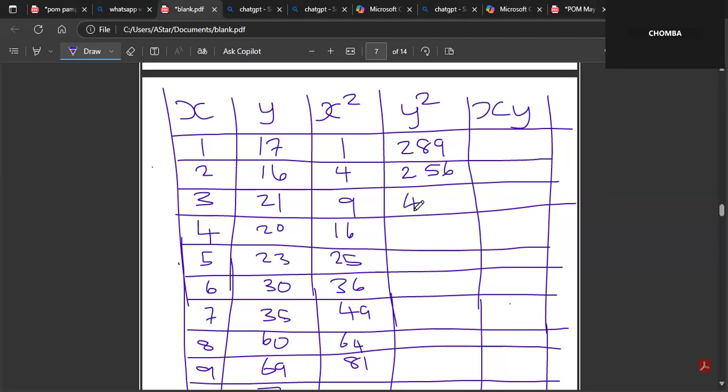Yes, I'm following you. 441. This is 400. 23 square is 529. 900. 35 square is what? 1225. Then 60 square is what? 3600.